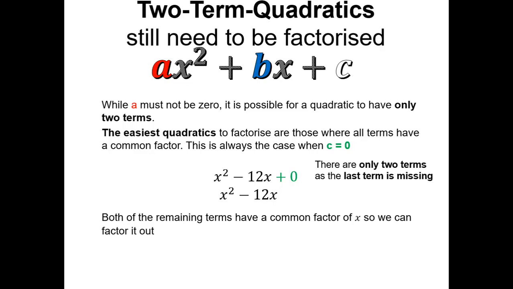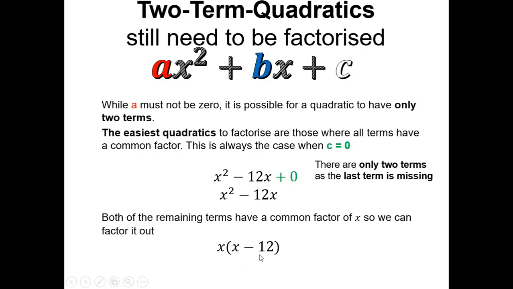So when I want to factorize this kind of quadratic, it's the easiest kind. I'll just factor the x out. I don't need to set up two brackets this time. I just put x outside of one set of brackets. And inside the bracket, I ask, if I divide x squared by x, what would be left? Just the x. If I divide minus 12x by x, what would be left? Just the minus 12.